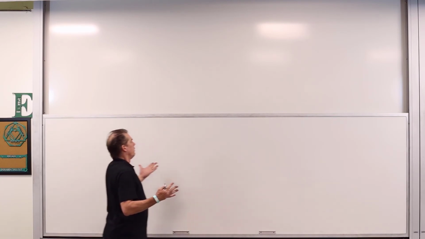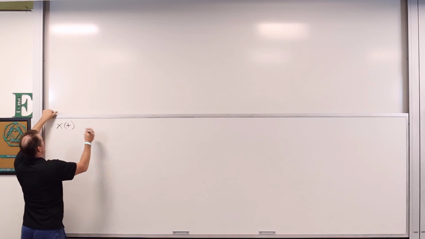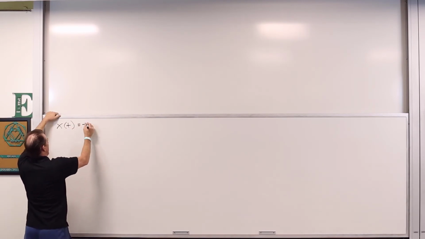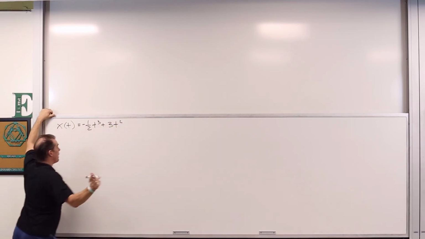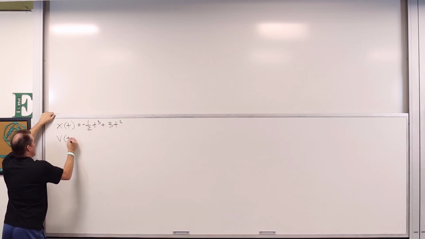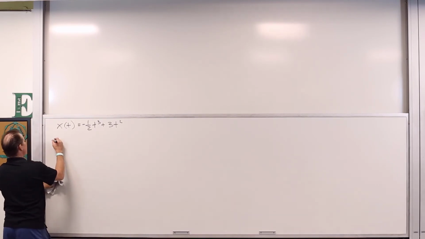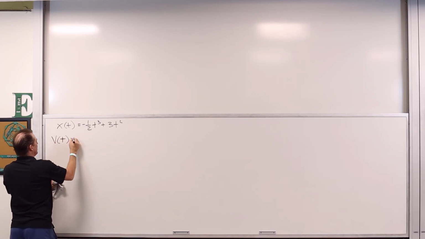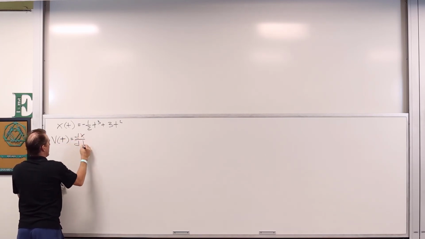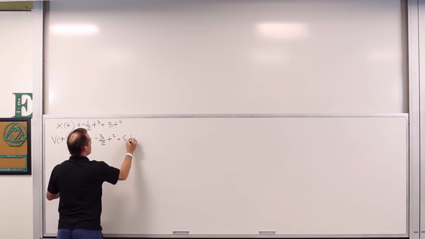All right, so we've got ourselves the same function again. It describes the variation of the object's position with respect to time, -1/2 t cubed plus 3t squared. We have already determined that the velocity as a function of time, v of t is equal to dx by dt, which was equal to -3/2 t squared plus 6t.